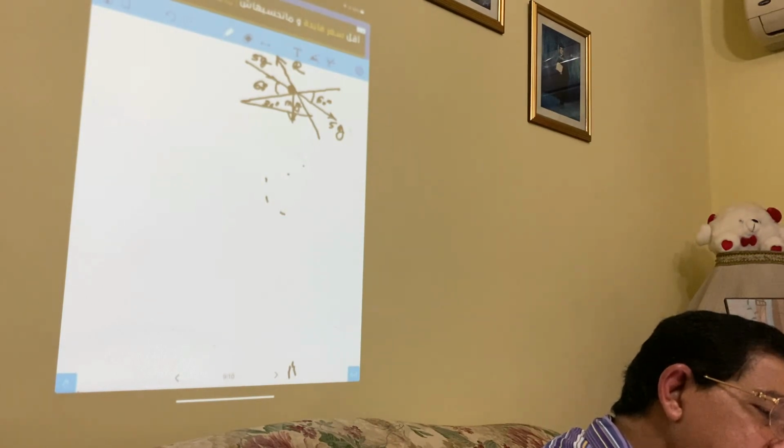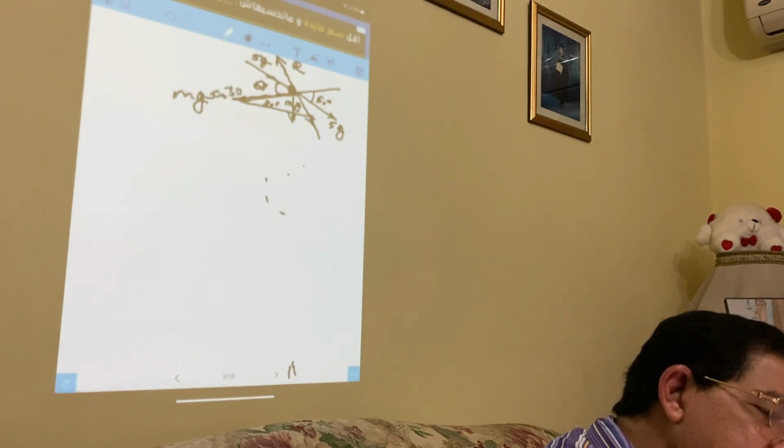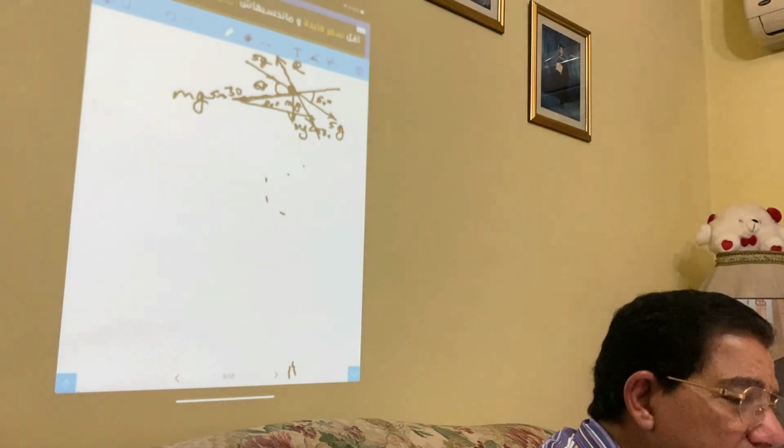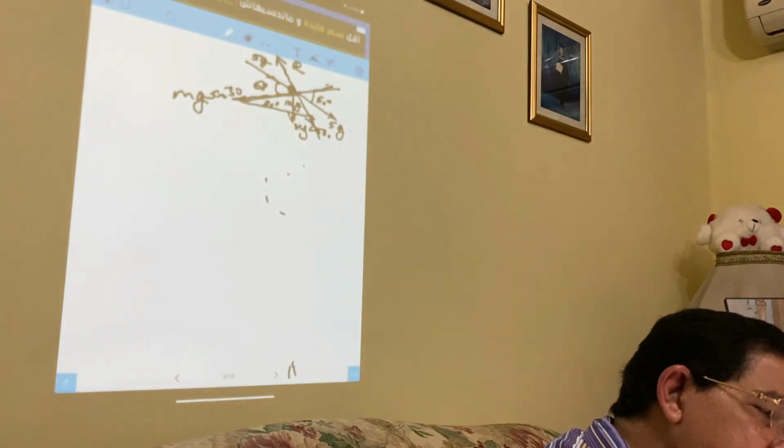This component of the weight is mg sine 30, and this component is mg cosine 30. The 5g force given to us is resolved into 5g cosine 60 in one direction, and 5g sine 60 in the other.